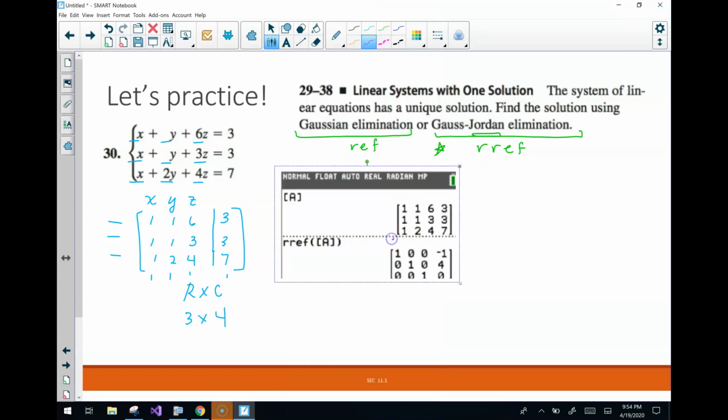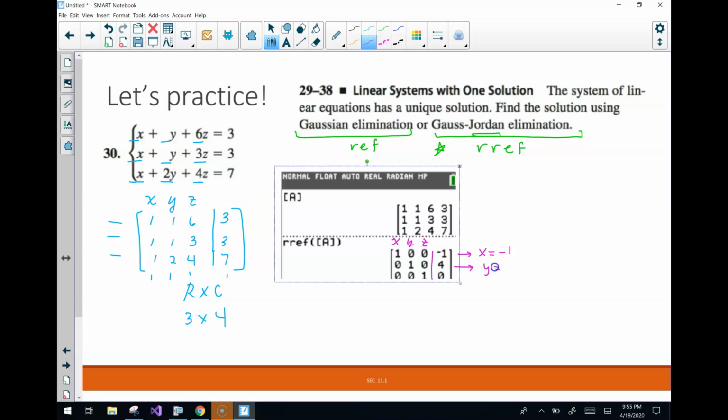Okay, so here's our variable x, our variable y, our variable z, and what we can see in this first equation is x equals -1. That's the other side of the equal sign. So x equals -1. Then we see that y is equal to 4, and that's what we get from row 2.